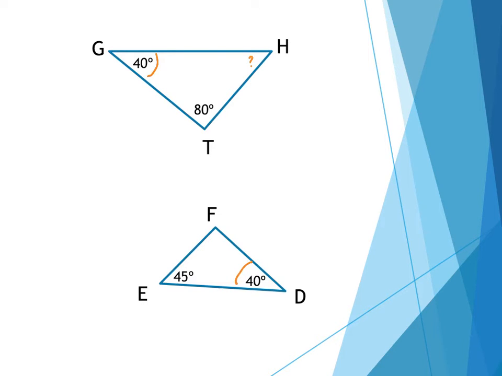So if I wanted to figure out what measure this is, how would I do that? Good. So 40 plus 80 is 120. Subtract it from 180, and I get 60 degrees. So either this one or this one would have to equal 60 degrees, and the other one would have to equal 40. It's not going to happen, right? If you want to double check, you can find this angle. It would have to equal 80 or 40.